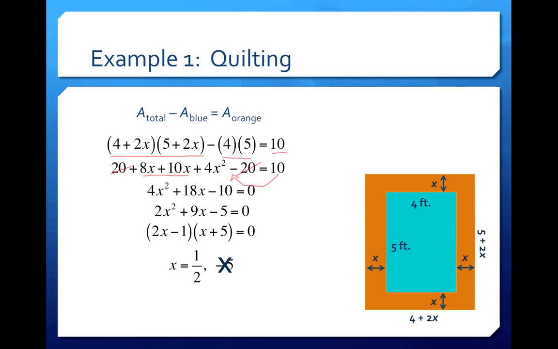So even though -5 is theoretically a solution to the equation, it is not a solution to the problem because of the context of the problem, because of what x represents. So the only reasonable answer to this problem is x equals 1/2, or that the width of the border should be 1/2 foot wide.